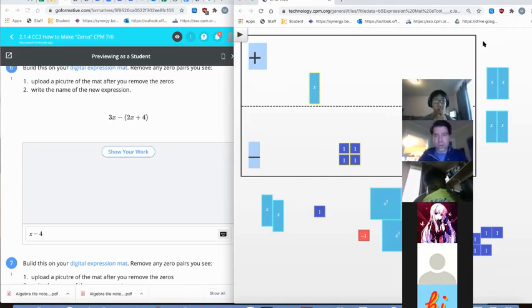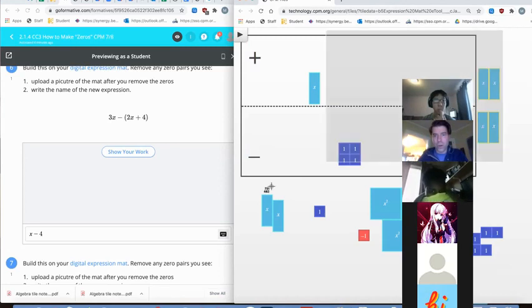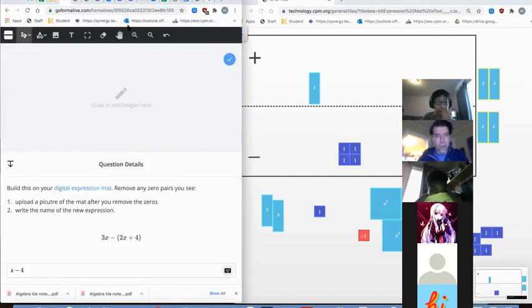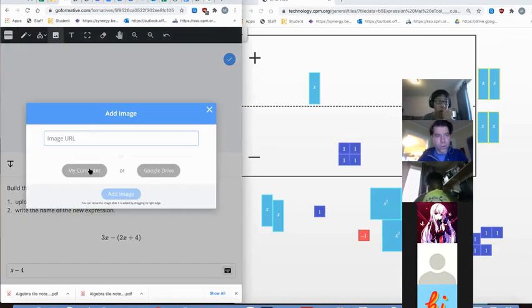So to show my work, I'm going to put this amount right next to it. I'm going to take a screenshot of all of it, and then I'm going to show my work like this.